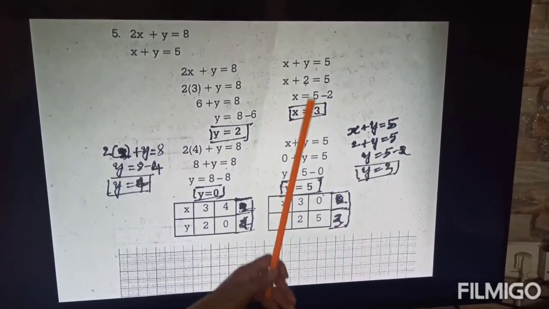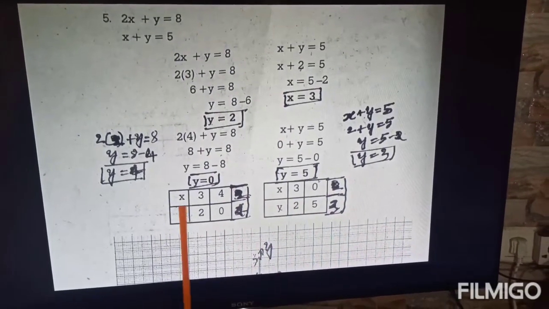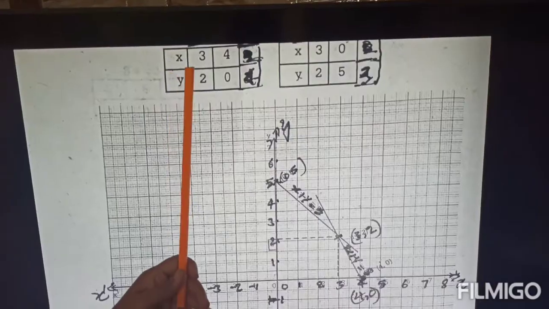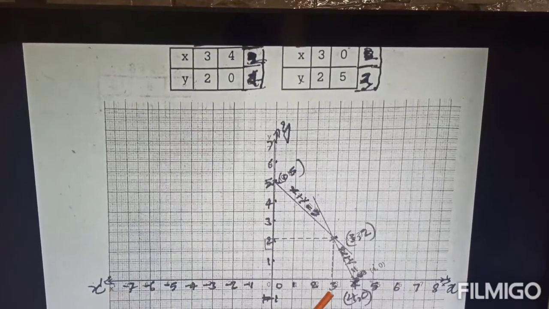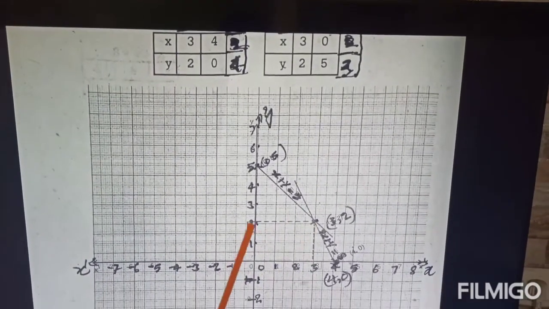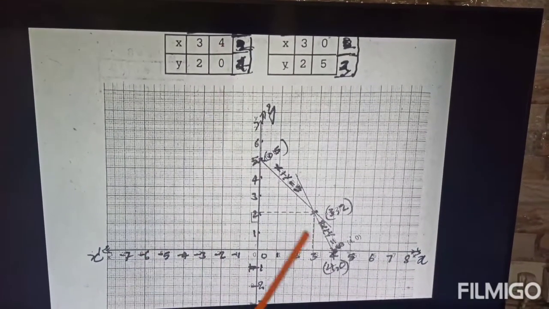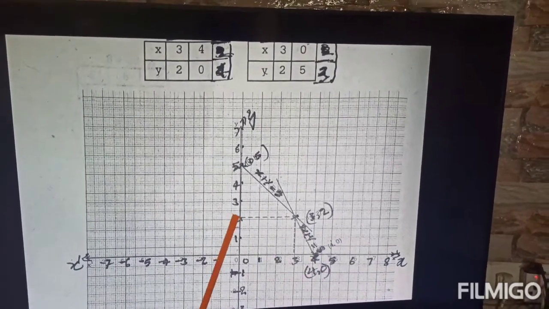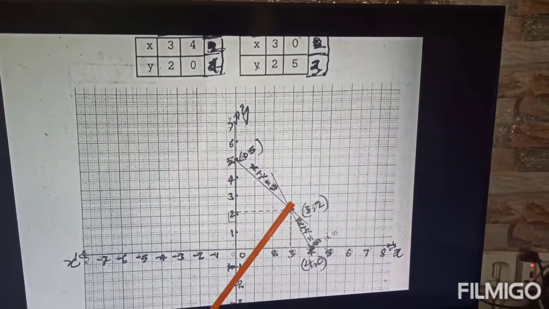Now, by using these two tables, mark all the coordinates on the graph sheet. First point is 3, 2: x is 3 and y is 2. Both are intersecting at this point. Then the second point is 4, 0. 4 on x-axis is this one. 0 on y-axis means it's not going up or down.